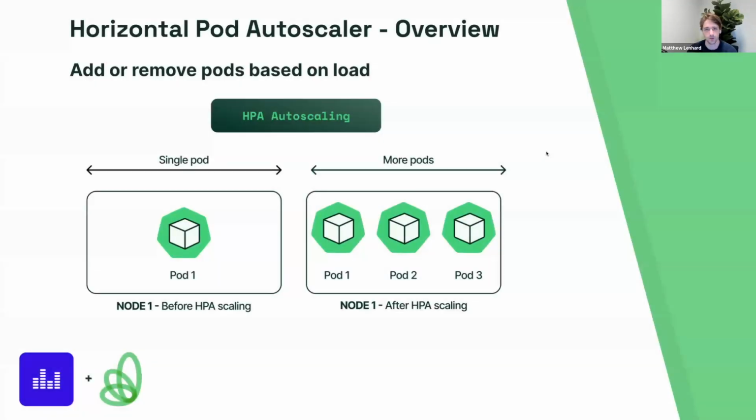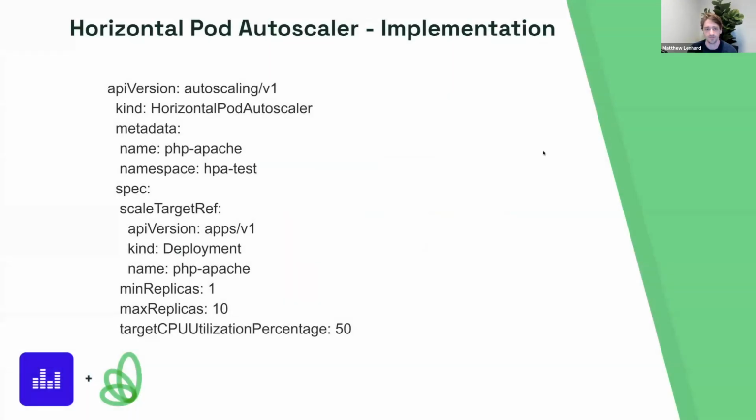Yeah, so that leads me to the horizontal pod autoscaler. Instead of scaling the size of a singular pod, it's going to scale out the number of pods. Implementation's pretty straightforward. Similar to the vertical pod autoscaler, you're going to want to set the target ref to match whatever workload you're scaling.